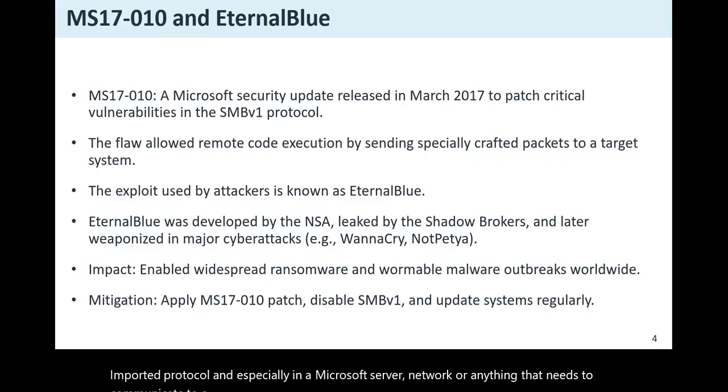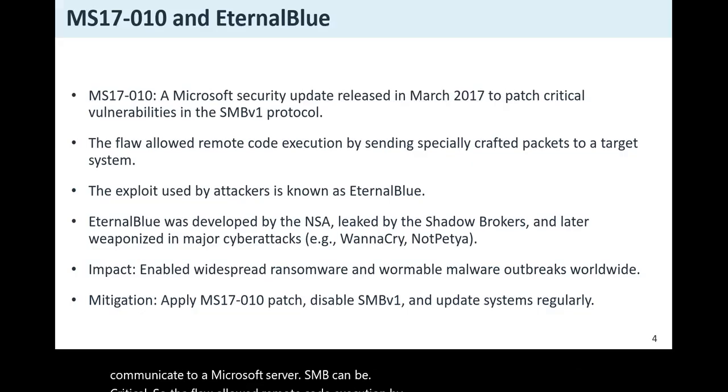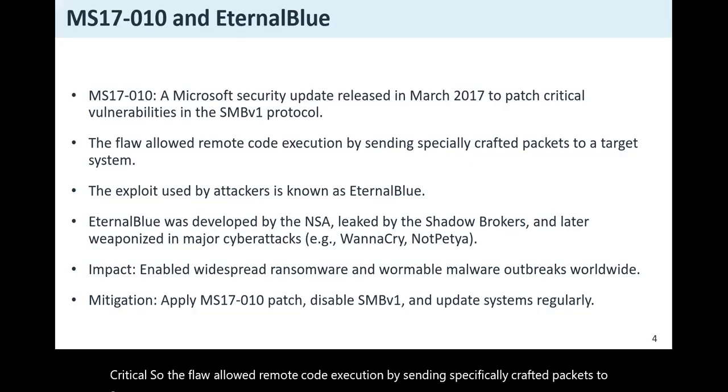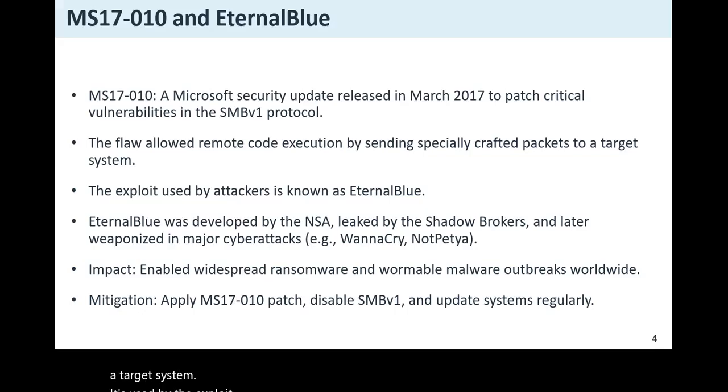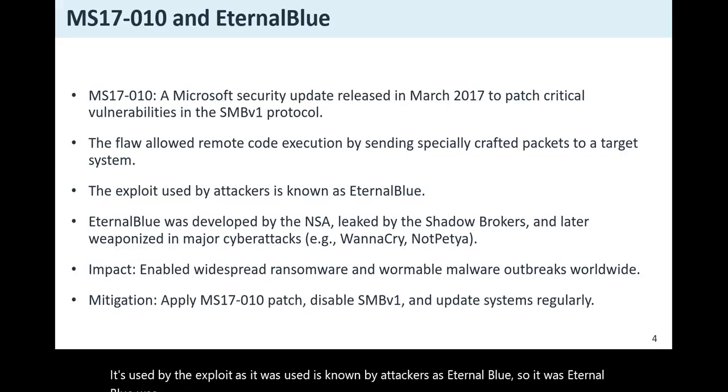SMB can be critical. The flaw allowed remote code execution by sending specially crafted packets to a target system. The exploit is known by attackers as EternalBlue. EternalBlue was developed by the NSA, then leaked by the Shadow Brokers, and later weaponized in major cyberattacks, examples of those being WannaCry and NotPetya.